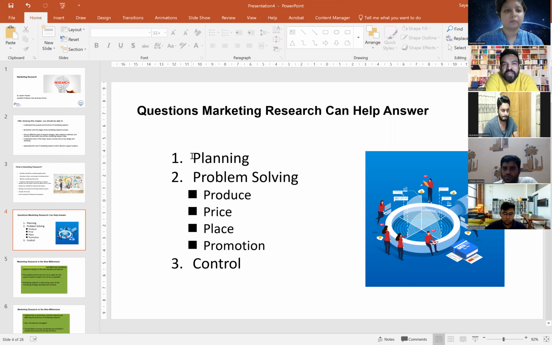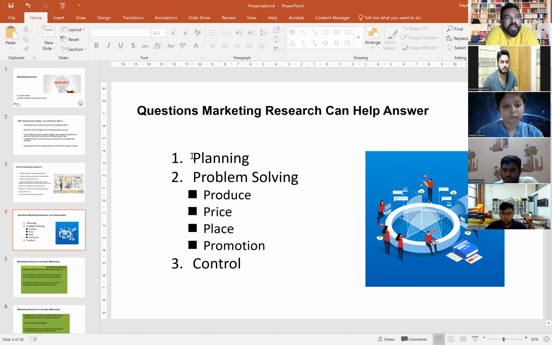Let's say Bangladesh is a very growing market. It's a vast, growing economy, right? Some of the brands are still not in the Bangladesh market.